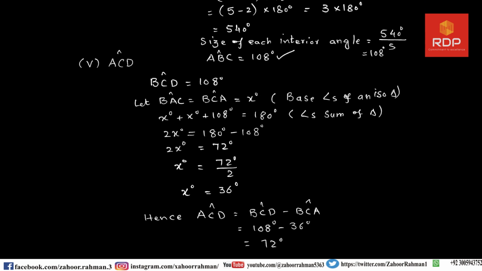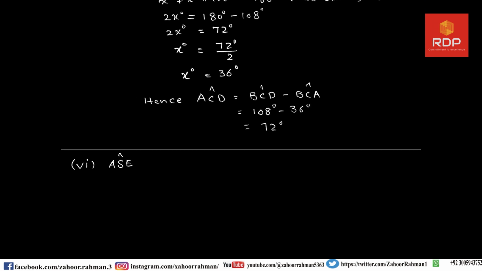First of all, let us say that the size of each interior angle of a hexagon is equal to 120 degree.